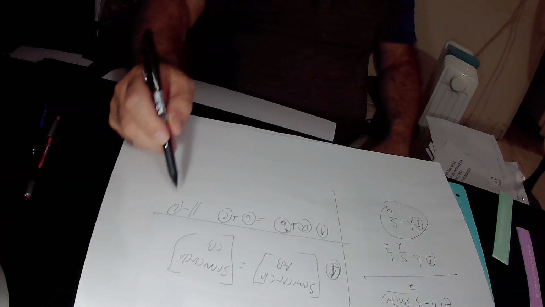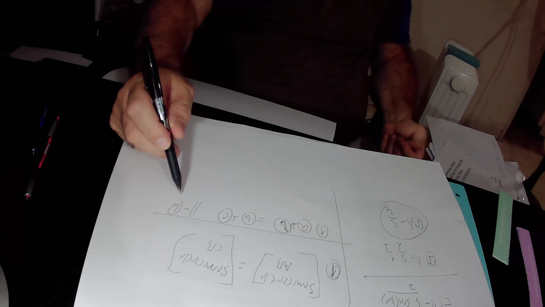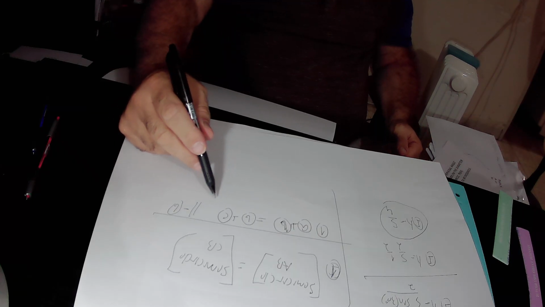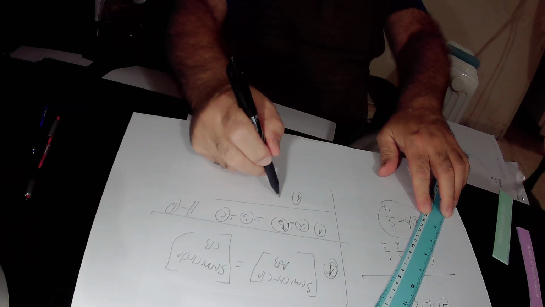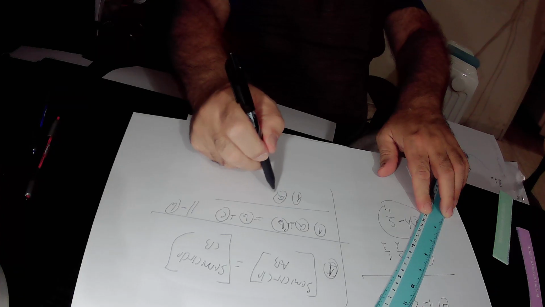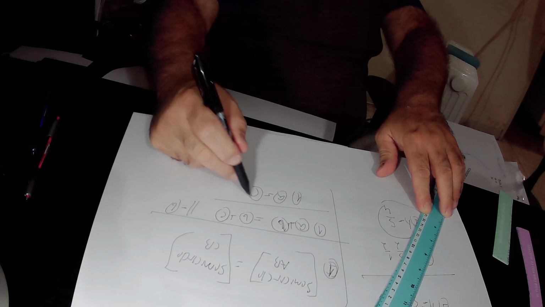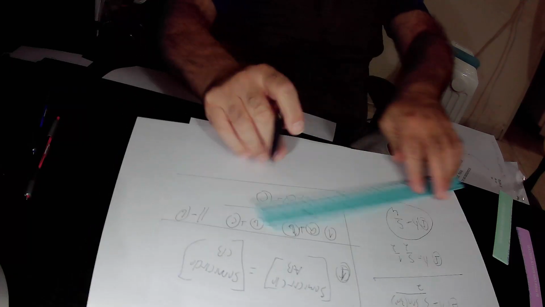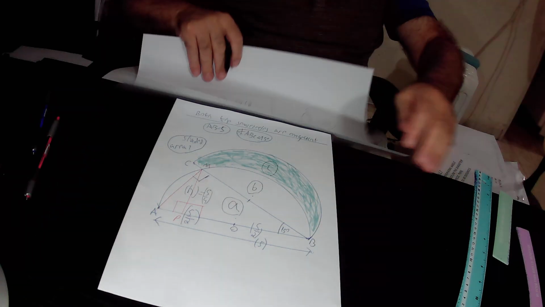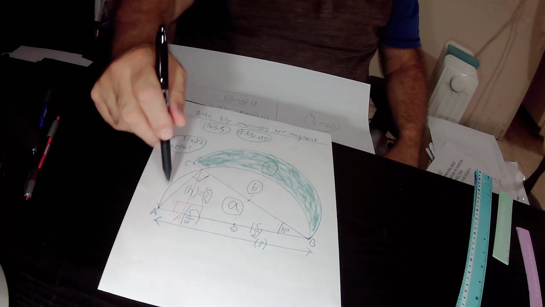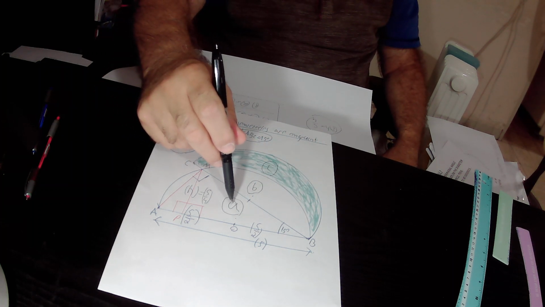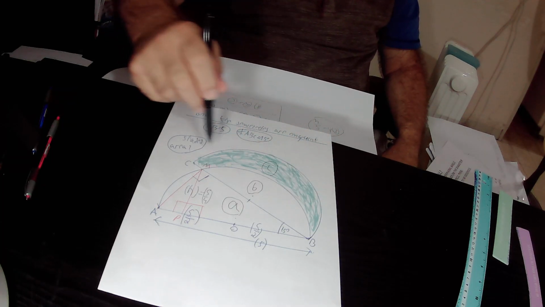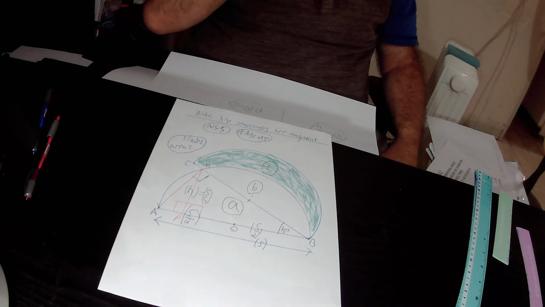So A plus B equals B plus C. Here we subtract B, the size of this area, from equation 1, and get that A equals C. That is to say, the area of this shape, defined as A, equals the shaded area C, the area that we are looking for in this question.